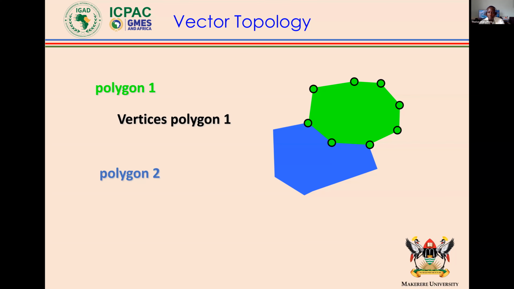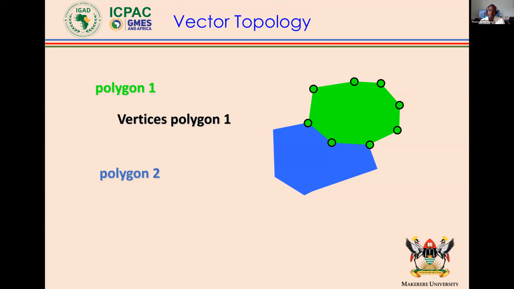The problem is that when polygon 2 reduces, polygon 1 will not increase. So we want to make sure that when polygon 1 reduces in size, automatically polygon 2 should increase in size.